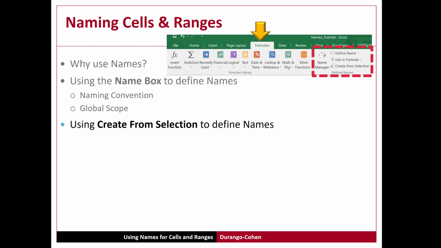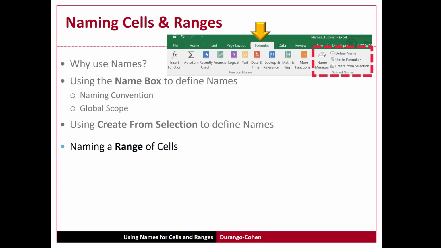Then, in order to make use of the structure and of the headers that exist in a workbook, we can use the Create from Selection option that is in the Define Names group to allow Excel to automatically pull in names from the headers and apply them to the cells with the values that we want to then use in other formulas.